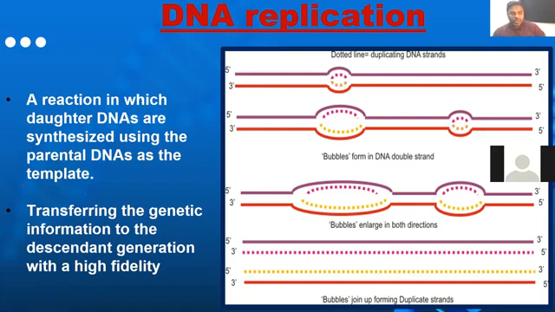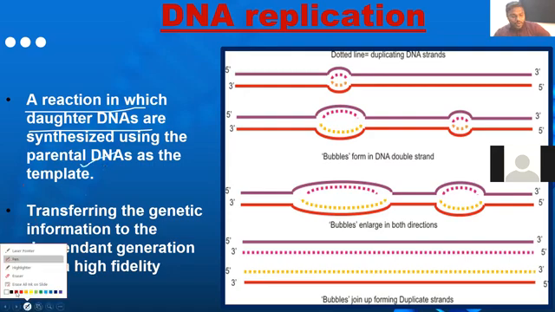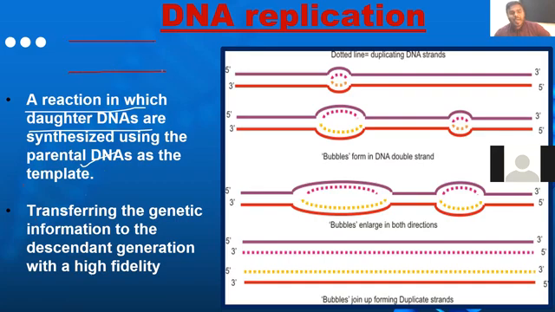Chemically also. If you ask me, sir, define it biologically, what I can say to you is it is a reaction in which daughter DNAs are synthesized using the parental DNA as the template. What do you mean by that? This is one parent strand. This is another parent strand. The two parent strands are separated and they act as templates.